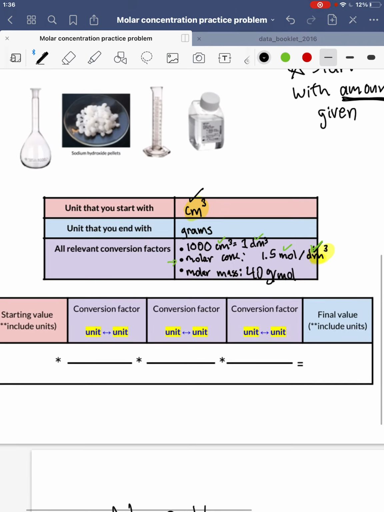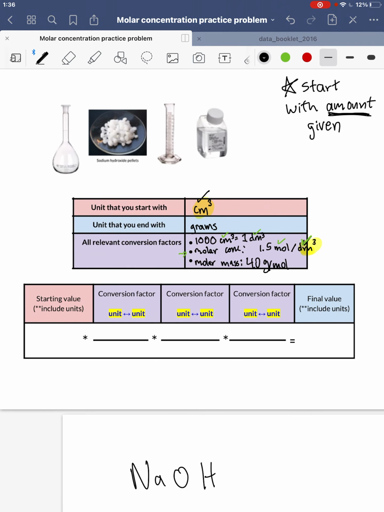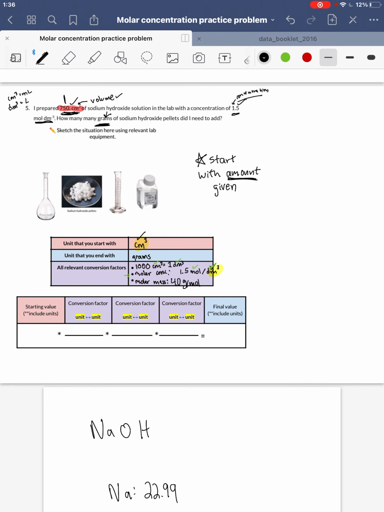All right, so let's use these conversion factors to find a value here. The starting amount I have is 750 cubic centimeters of NaOH aqueous. That's the symbol for a solution. So I have 750 cubic centimeters of aqueous solution. Awesome.